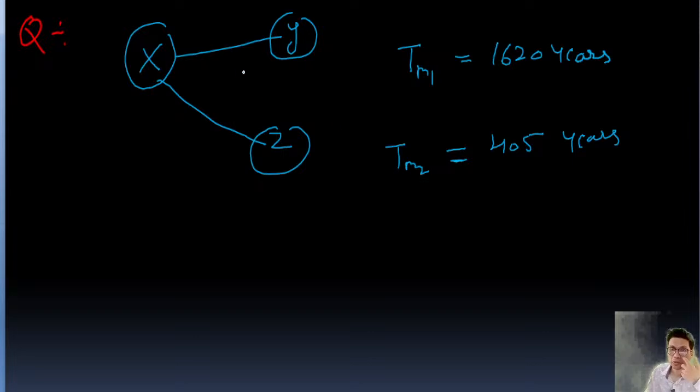So this is the reaction we have been given. For X to Y, the mean lifetime is given, that is 1620 years, and for X to Z the mean lifetime is given, Tm2, 405 years.